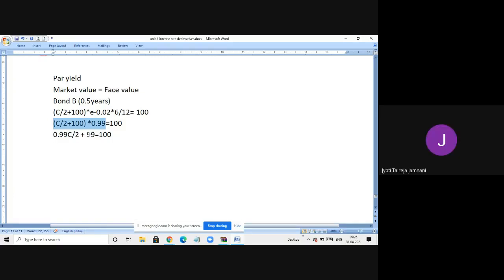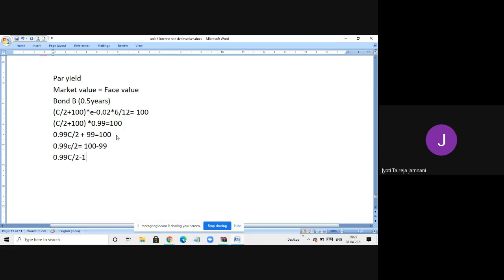If you take 99 that side, 100 minus 99, we get 1. So 0.99 C by 2 is equal to 1.